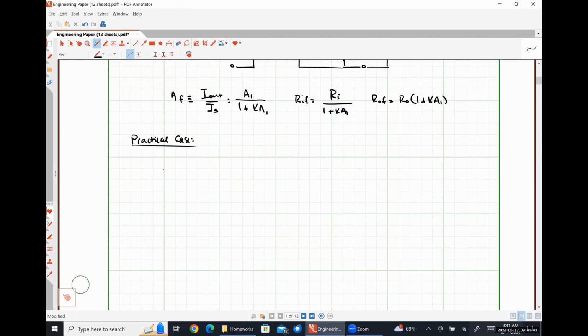So we would have something akin to this. So I sig in parallel with R sig. Here's the S terminal and the S prime terminal.